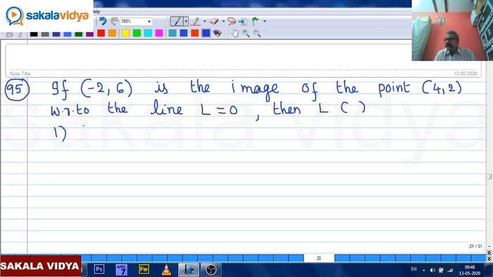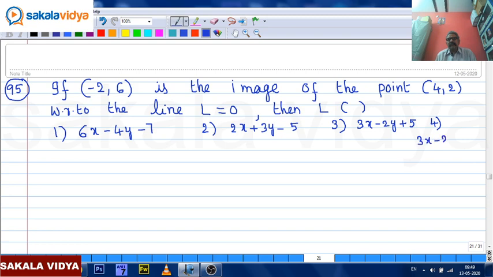First option 6x minus 4y minus 7. Second option 2x plus 3y minus 5. Third option 3x minus 2y plus 5. Fourth option is 3x minus 2y plus 10. This is the question.